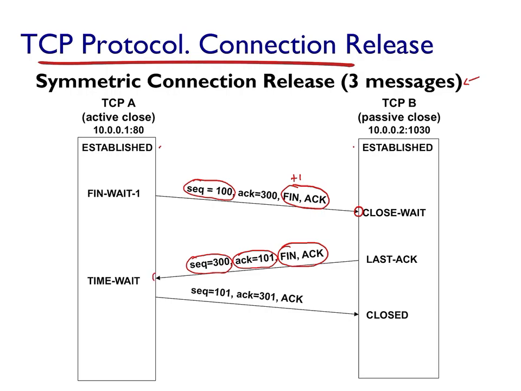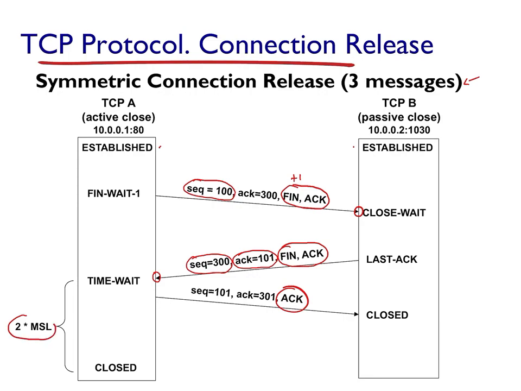And finally, when A receives the acknowledgement, it will send a final ACK. So this process with 3 messages is the same as in the case of the connection establishment. In this case, it's FIN ACK, FIN ACK, ACK. In the case of the connection establishment, it's SYN, SYN ACK, and ACK.